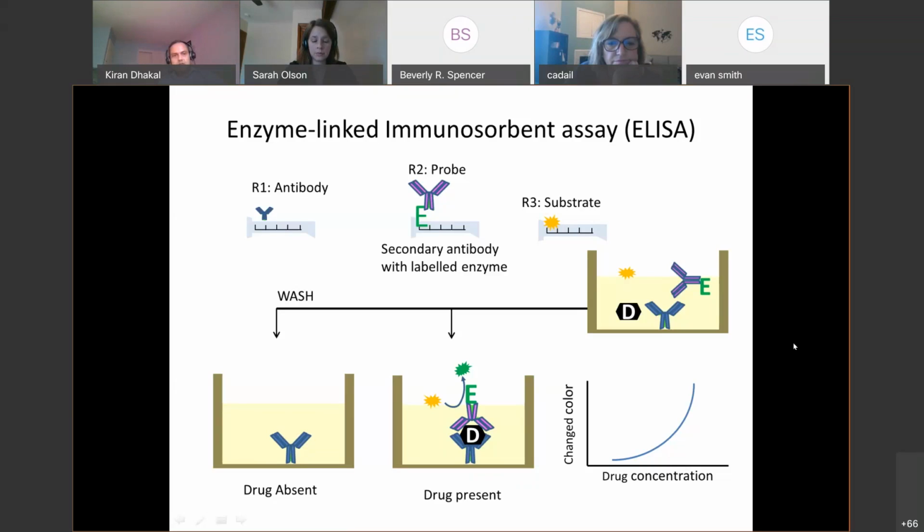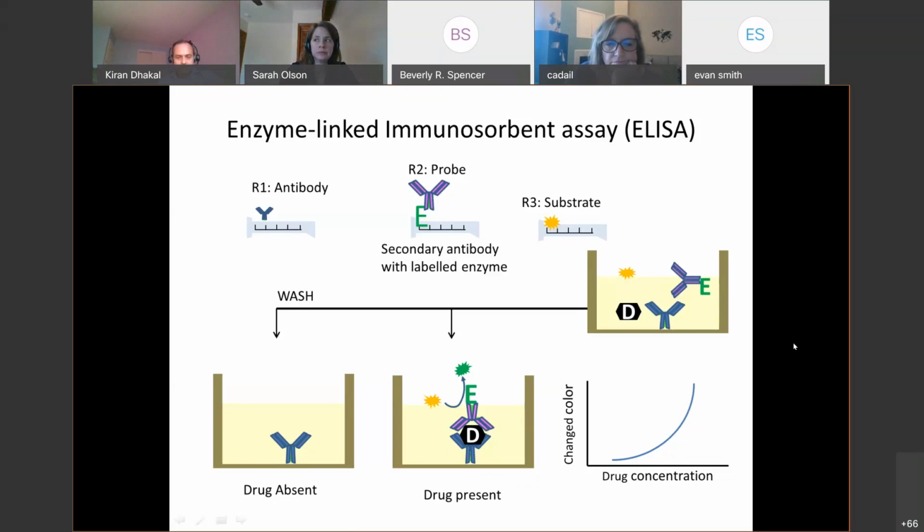And in this case, you have the first reagent, again, the antibody, and you have the probe, and then you have the substrate. When you mix all these things, then you need to wash your tube before you read the measurement. If the drug is absent, everything is washed away. You do not see the signal.